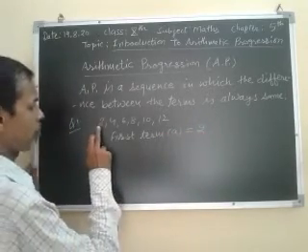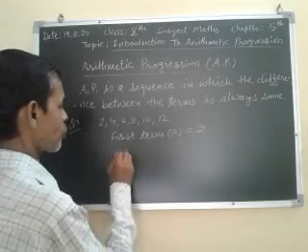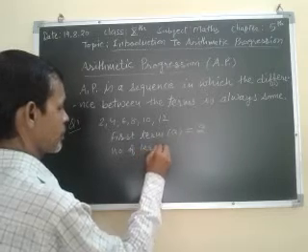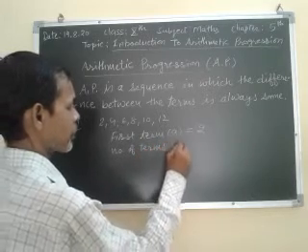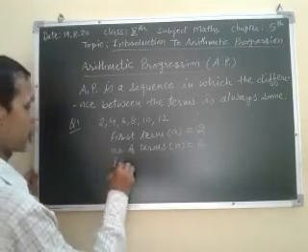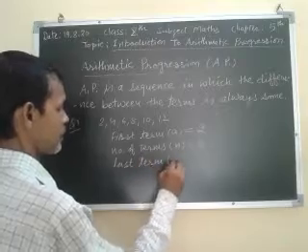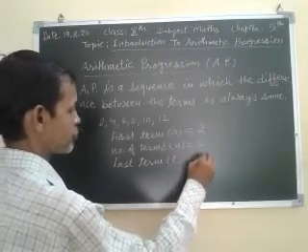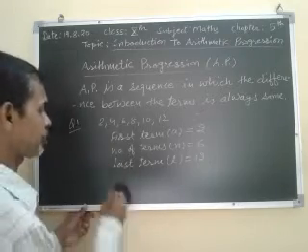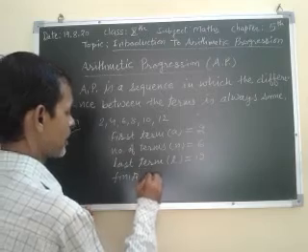The number of terms is 1, 2, 3, 4, 5, 6, always denoted by n, that is 6. The last term is denoted by l, which is 12. What type of sequence is this? This is a definite finite sequence.